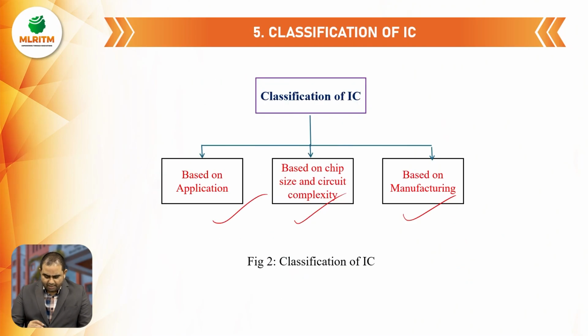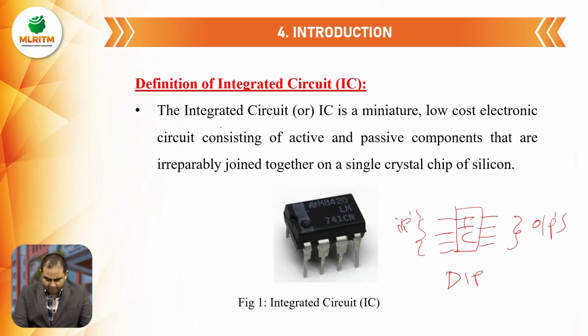So coming back to the definition of IC, the integrated circuit or IC is a miniature low-cost electronic circuit which consists of active as well as passive components that are irreparably joined on a single crystal chip of silicon. If we observe this definition carefully, two kinds of components are present in the IC. One is the active component, the second one is the passive component.